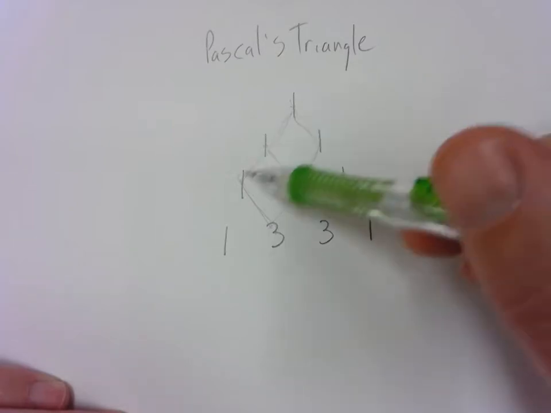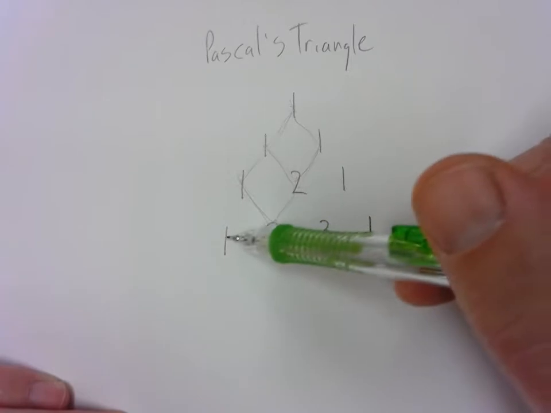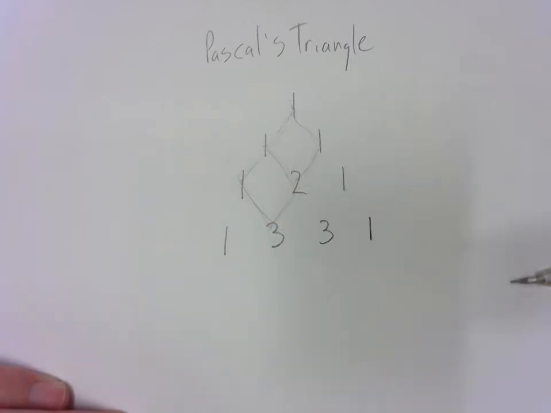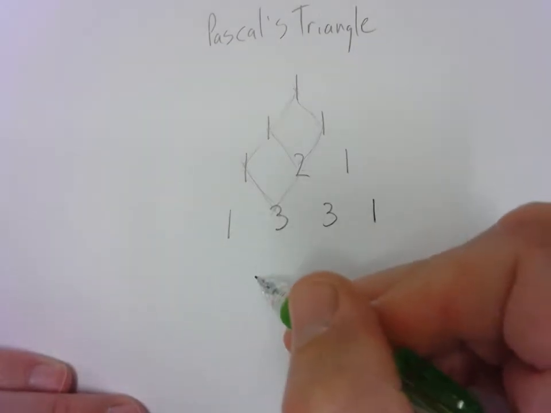You can't go across this way to get to this point, but you're starting here, stopping there. So if there's 3 ways to get here and 1 way to get there, then underneath there'd be 4 ways to get down here.